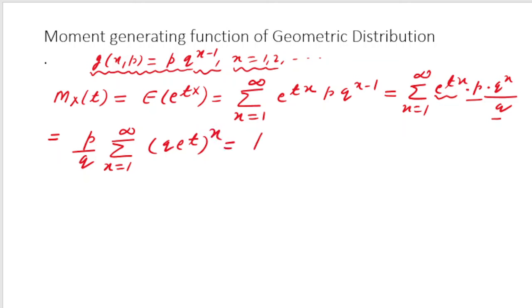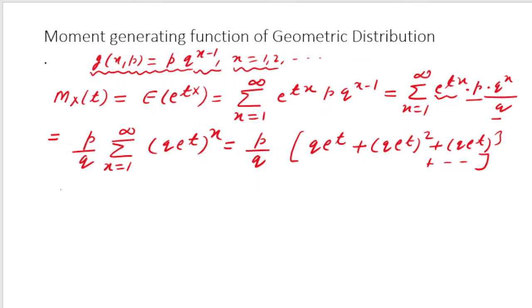Now if you write the expansion, p by q times q e^t, if I take x = 1, plus (q e^t)^2 plus (q e^t)^3, and so on. Now this is equal to what? This is p by q, and I hope you know geometric progression.